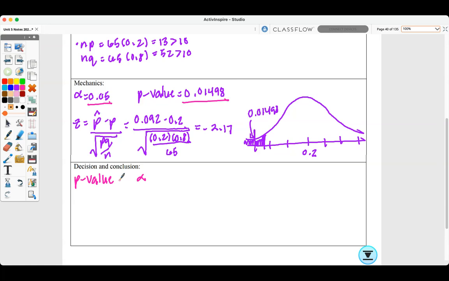So my p-value is less than alpha. 0.01498 is less than 0.05. Since my p-value is lower than my commonly used significance level, we would reject the null hypothesis. And the sample does provide evidence to suggest that the company is cheating.